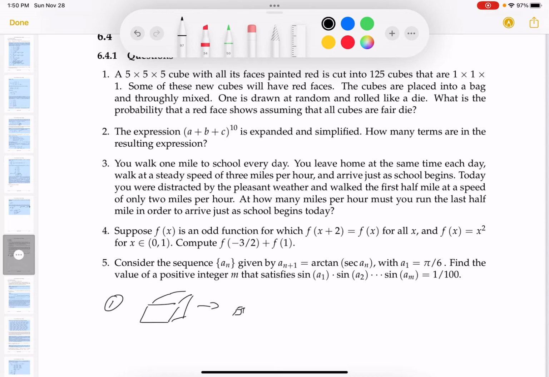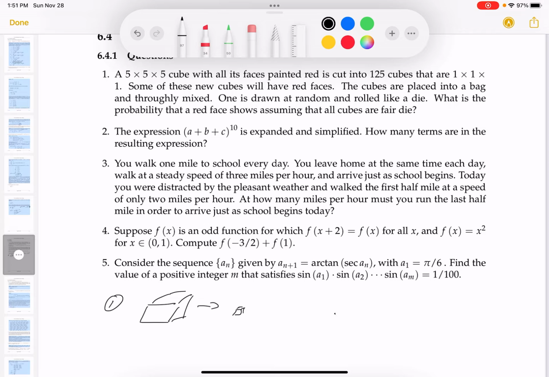Some of the cubes will have red faces, that's clear. The cubes are placed in a bag and thoroughly mixed. One is drawn at random and rolled like a die. What is the probability that a red face shows, assuming that all cubes are fair dice?